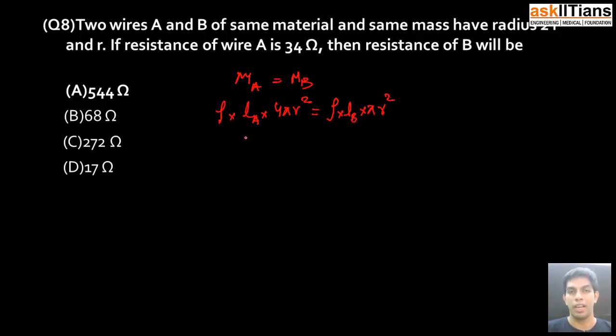So I have the relation between the lengths of wires A and B: 4LA equals LB. Let's call this the first equation.